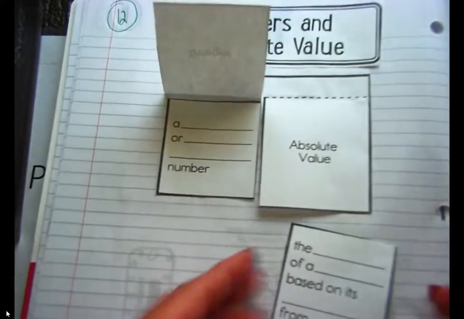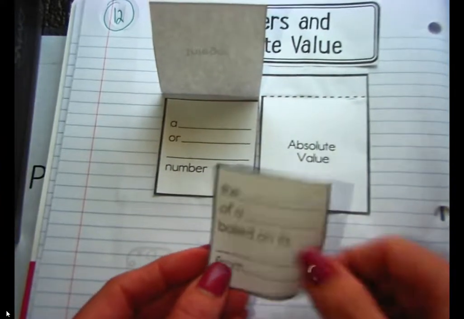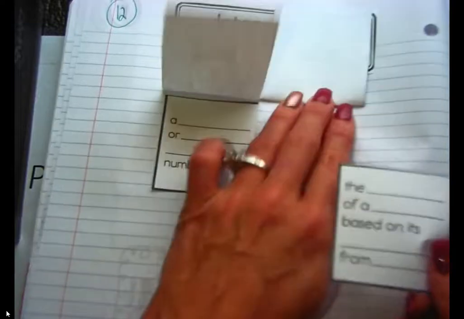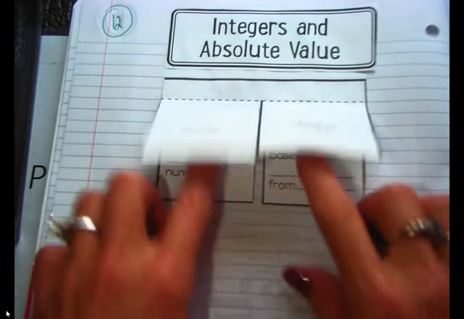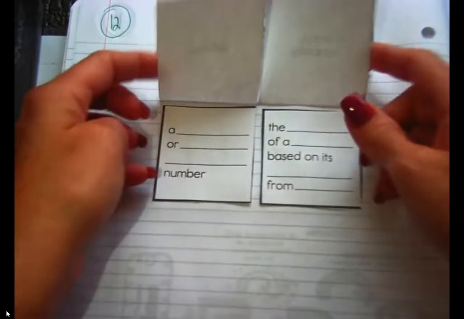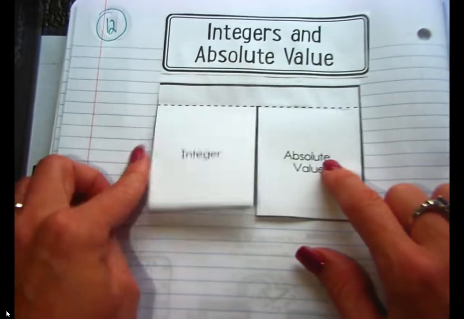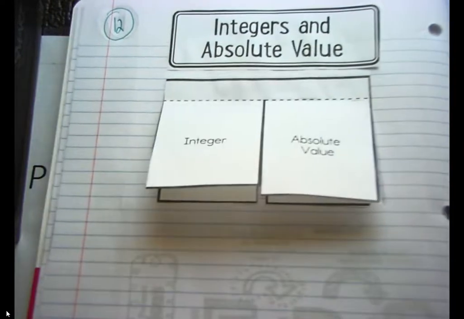And then obviously the other one is going to go underneath the absolute value flap. So what we're going to do is we're just going to get everything glued in and then we're going to write on it. So we can have our page ready. Okay? So integer, absolute value. I glued the definitions underneath. We're going to fill in those definitions in a minute.